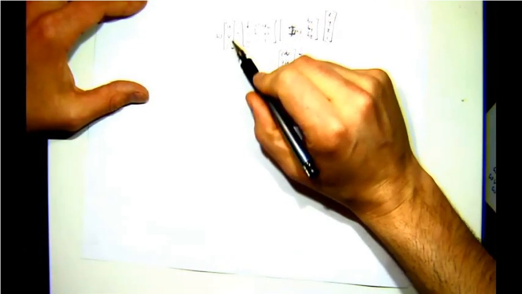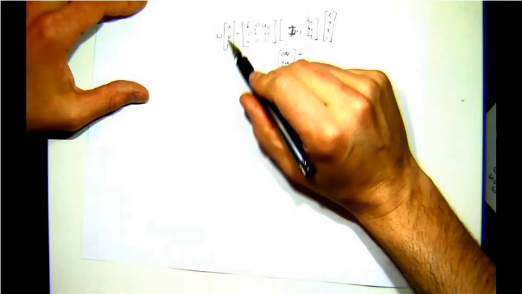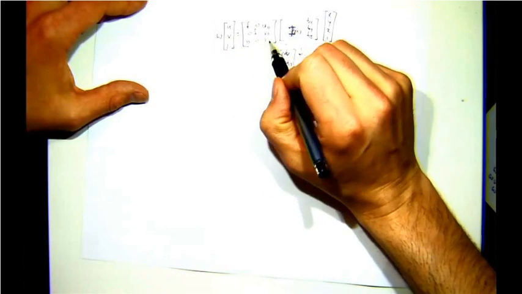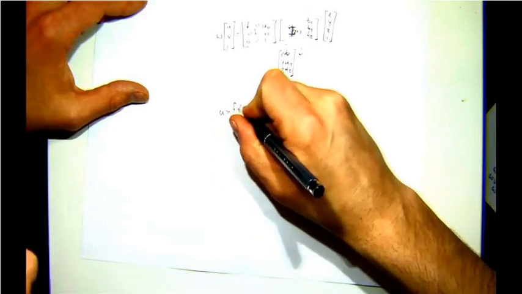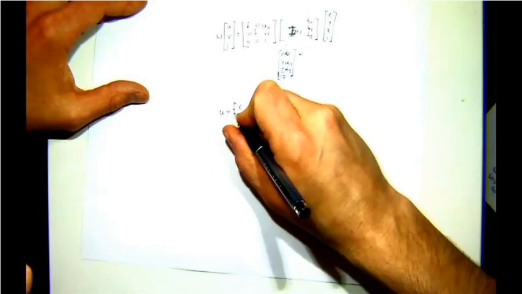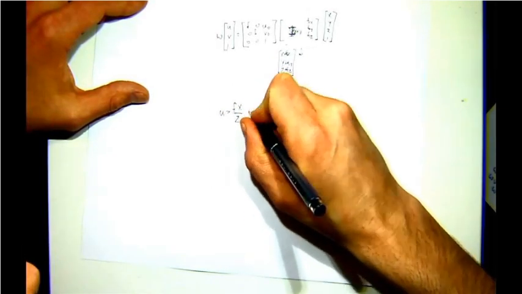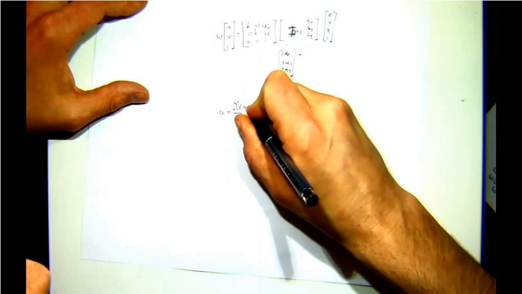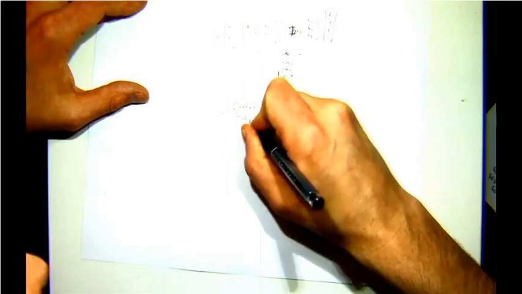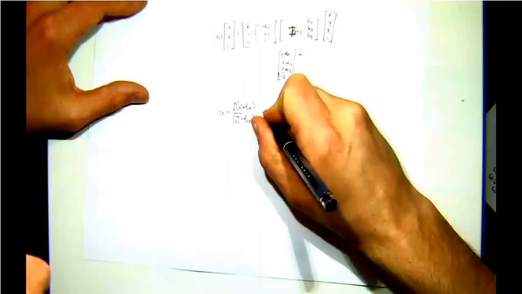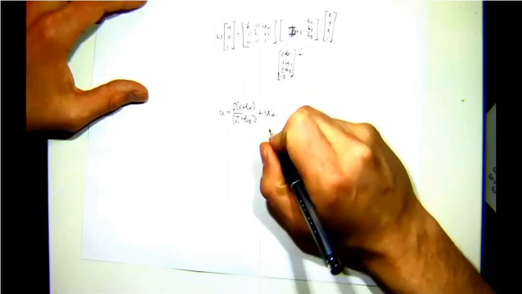And then when I multiply this out by the intrinsic matrix, I get u equals f times (x plus Tx) over (z plus Tz), plus u naught.